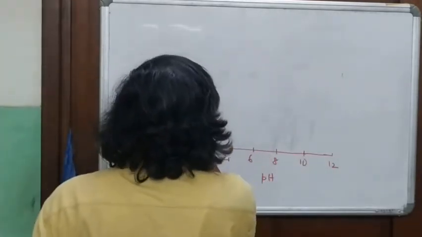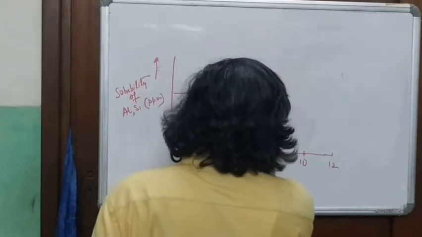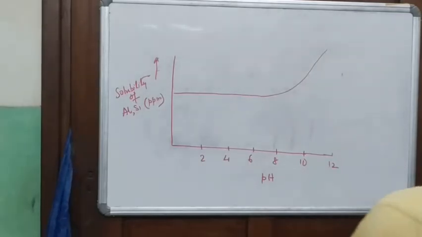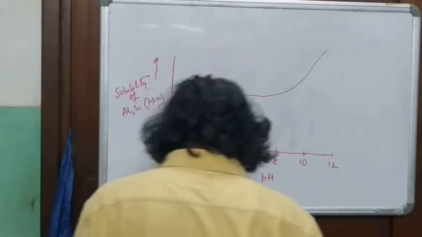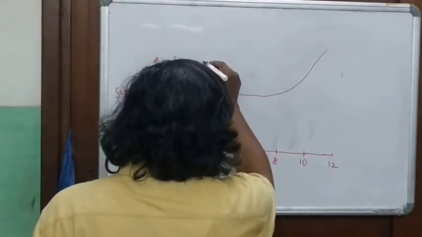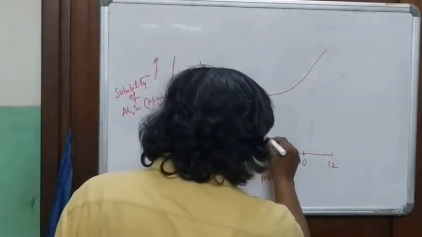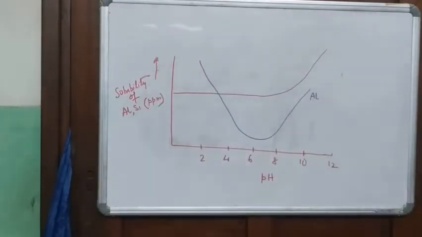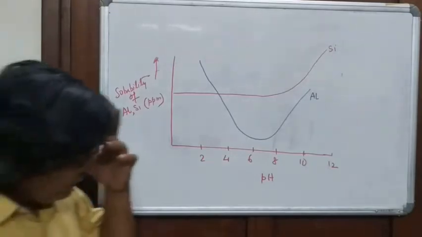So these are the solubility curves of aluminium and silicon.